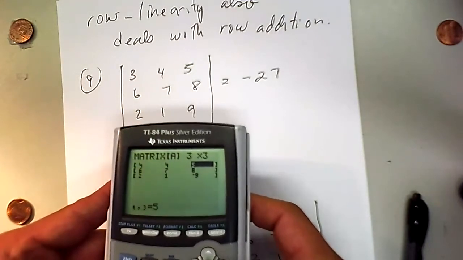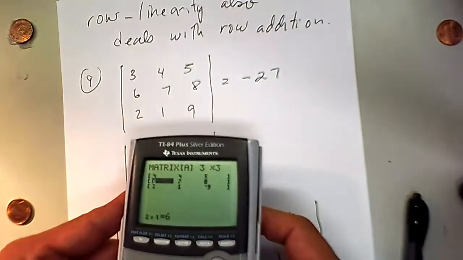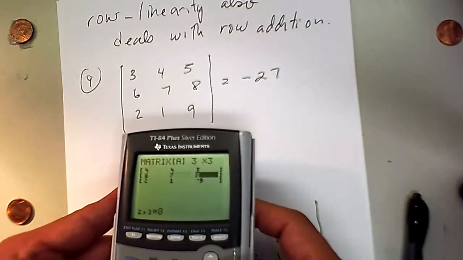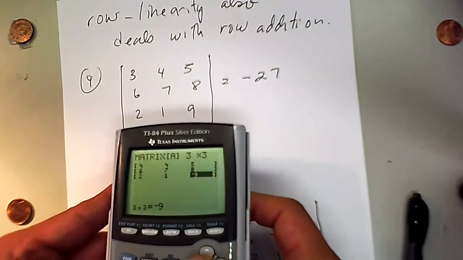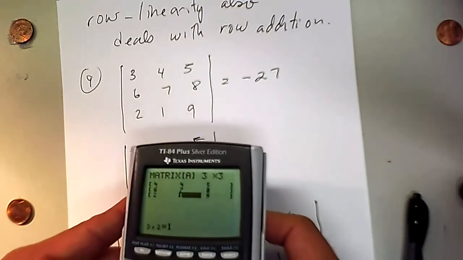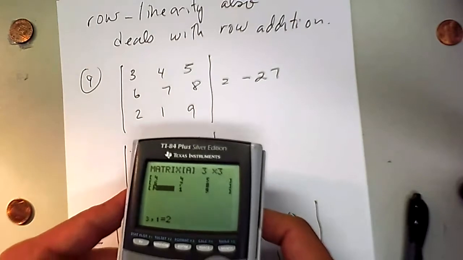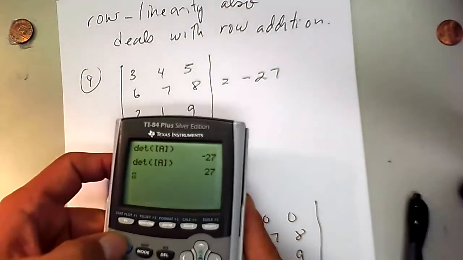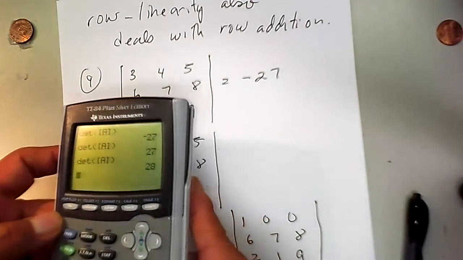So 6, 7, 8. That goes back to 9. 1 and 2 going to the left. Exit. Find the determinant. Sure enough, 28.